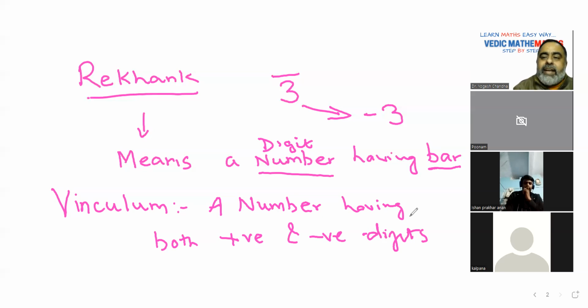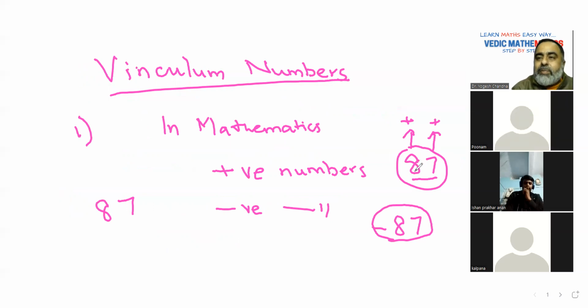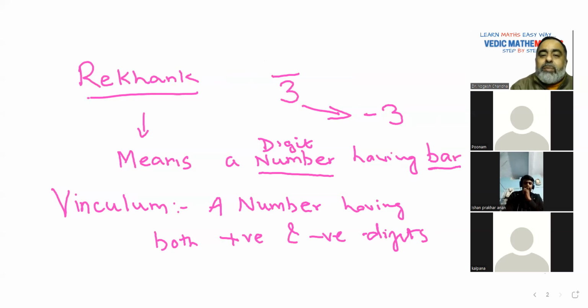Now, positive and negative, we never heard of this. I explained that either 87 can be positive or 87 can be negative. But you cannot think that 8 can be positive and 7 can be negative. But here, a vinculum number is such where you have both positive and negative digits.